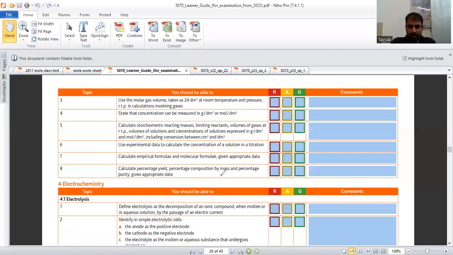I would like to share it again with you. Percentage yield is equal to actual value divided by theoretical value multiplied by 100.